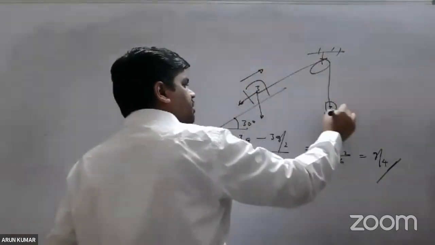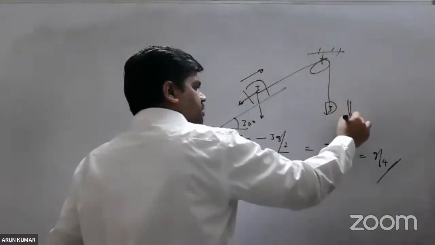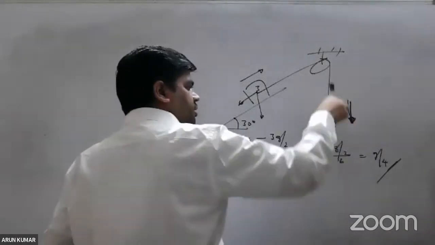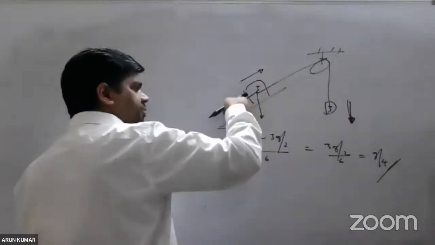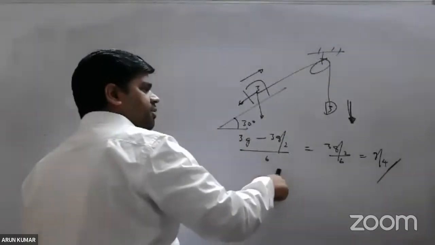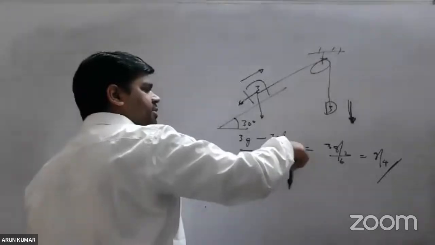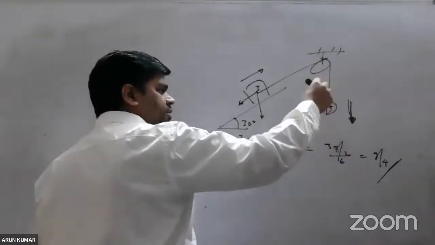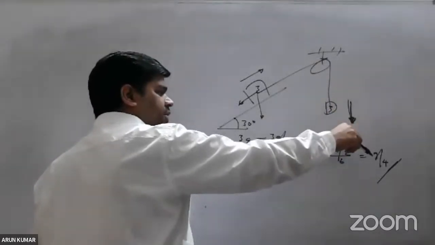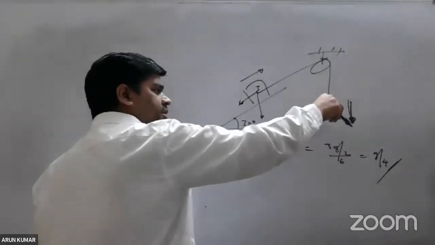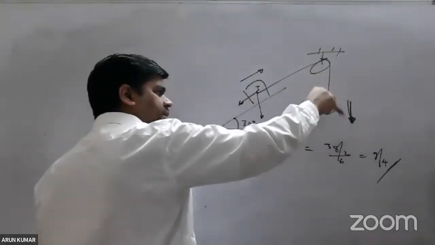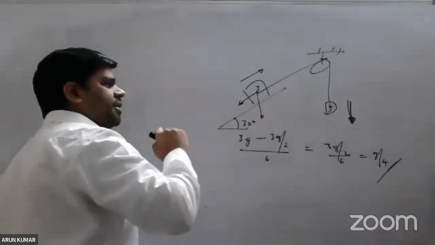It's in this direction. 3g minus 3g by 2 by total mass. So I've taken this as the positive direction. That is 3g by 2 by 6, g by 4. So I got a positive value, which means the direction I've taken is correct. In that direction, my particle is accelerating.